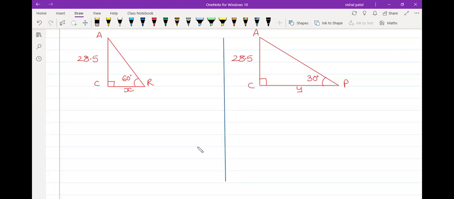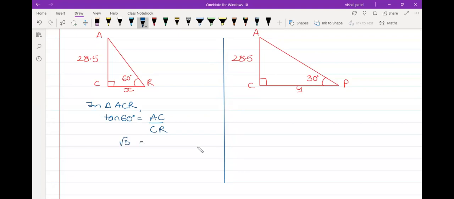Yes. Now see this. I will take, in triangle ACR, tan 60 is AC upon CR, opposite upon adjacent.